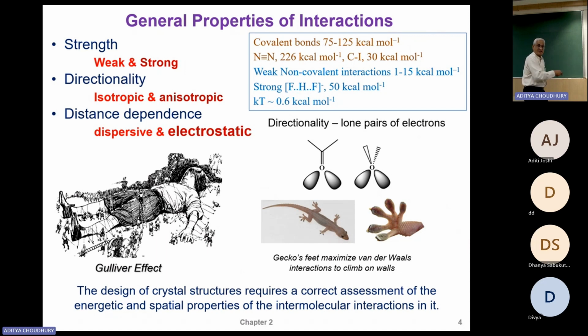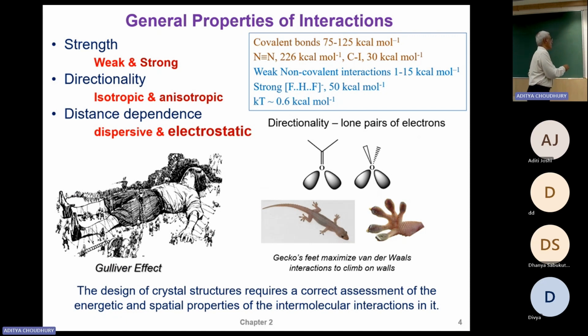It has got directionality, that is anisotropic. It forms hydrogen bonds only in certain directions, whereas van der Waals is in all the directions. So this is a comparison. Weak means van der Waals, strong means hydrogen bonds. So isotropic, anisotropic. Distance dependence: van der Waals is dispersive, whereas hydrogen bond is electrostatic. So you see the difference.